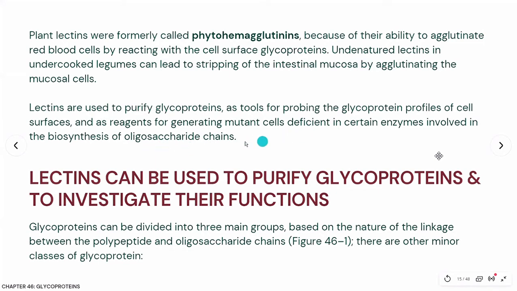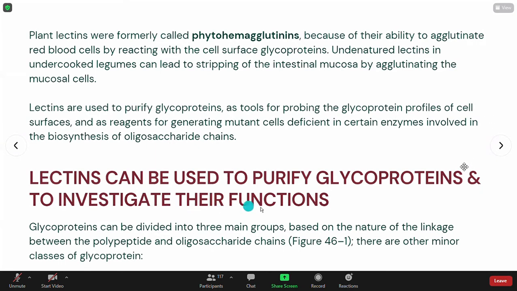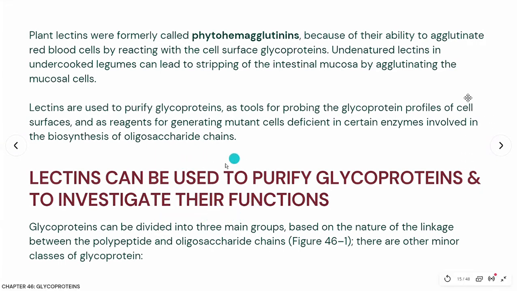Okay. So that's the use of lectins. Lectins can be used to purify glycoproteins to investigate their functions because they can attach to the glycoprotein.